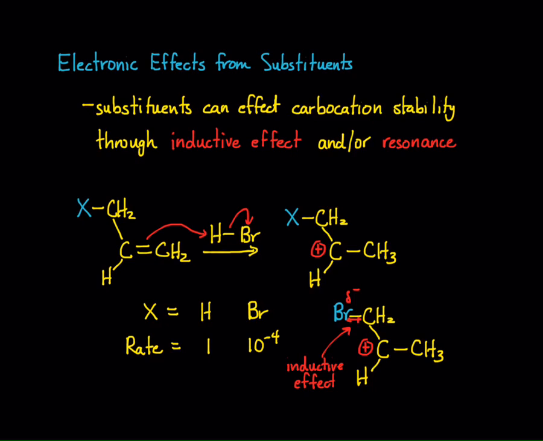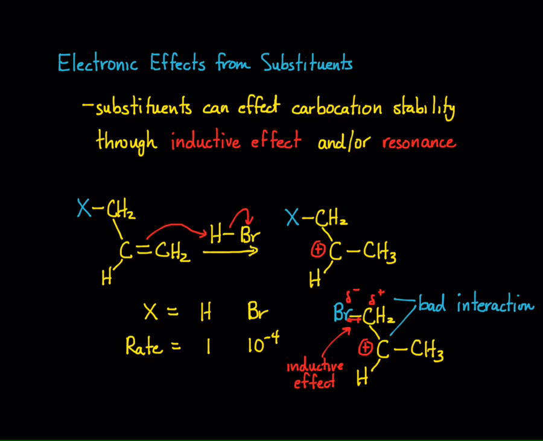And what happens is it places a partial negative charge on the bromine, and a partial positive charge on the carbon. So here I have the allylic carbon that has a partial positive charge, and my carbocation that has a formal positive charge. Obviously, this is a bad interaction, right? And therefore, it slows the rate of addition down drastically.